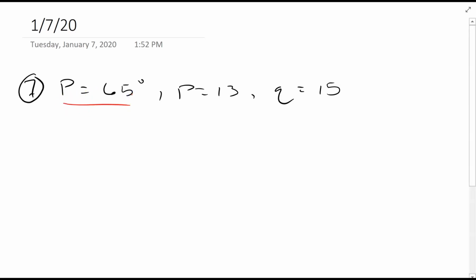I see I have an acute angle, and the side opposite that acute angle is shorter than the other given side. So this is the ambiguous case. To determine whether I have 0, 1, or 2 triangles, I'm going to use the law of sines.